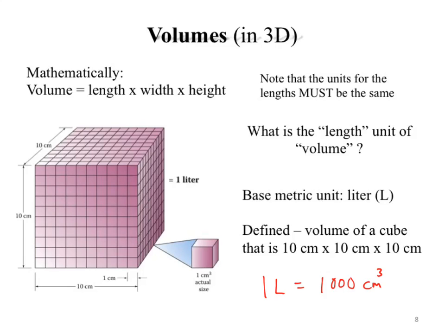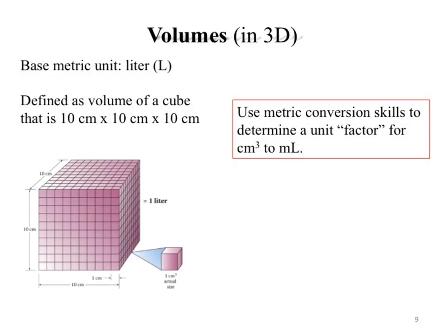Okay. What happens if we now try and convert this into milliliters? Okay. So what's our unit factor conversion between centimeters cubed and milliliters? So I want to know how to relate those two. 1 liter equals 1,000 centimeters cubed.